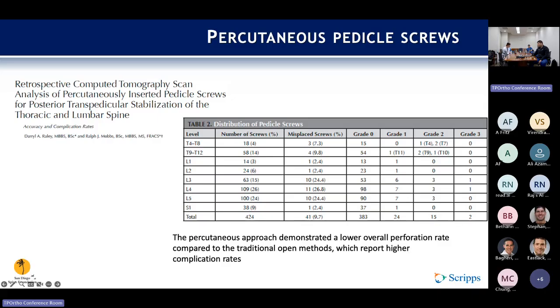And then they only had 0.5% of screws that had severe complications, which they considered grade 3. Compared to open techniques, the percutaneous approach demonstrated a lower perforation rate compared with traditional open methods, which reported a higher complication rate. Again, this study demonstrates that minimally invasive surgery is safe and effective, and possibly more effective than open methods with lower complication rates.